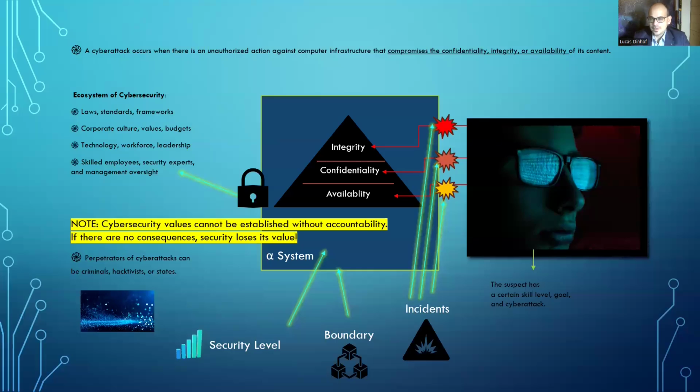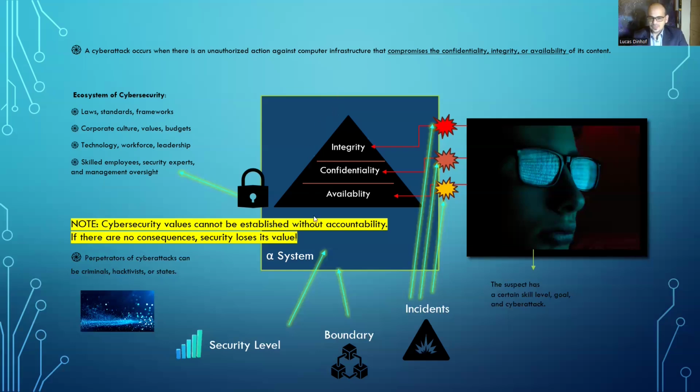Before we move into the history of cyber attacks, we need to define some common terms. So first of all, what is a cyber attack? A cyber attack normally occurs when there's an unauthorized action against IT infrastructure or computer infrastructure that compromises the confidentiality, integrity, or availability of its content.